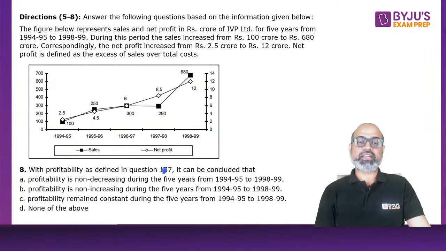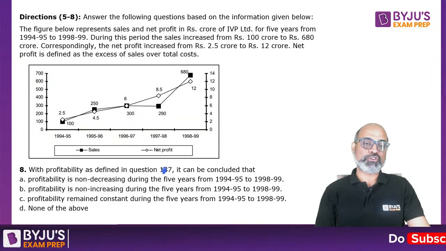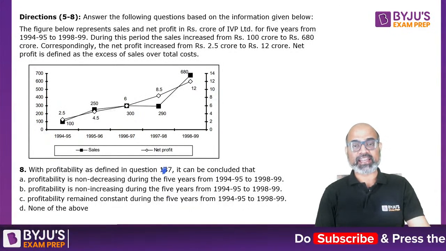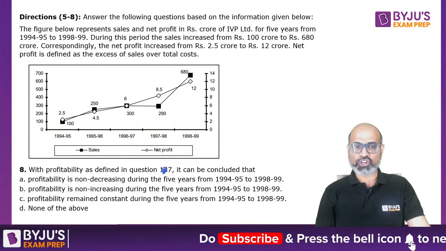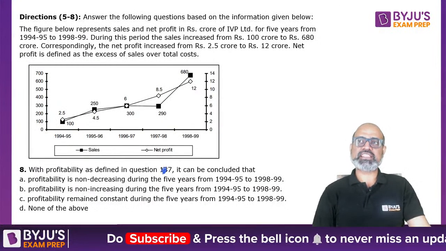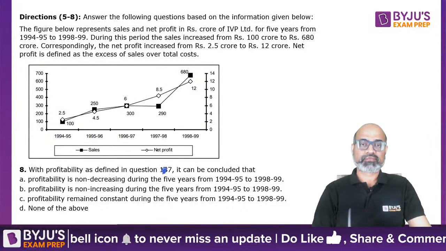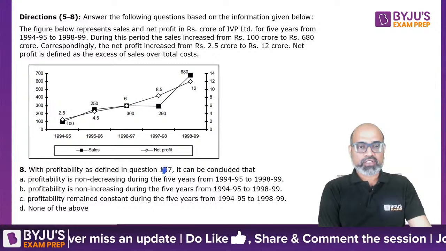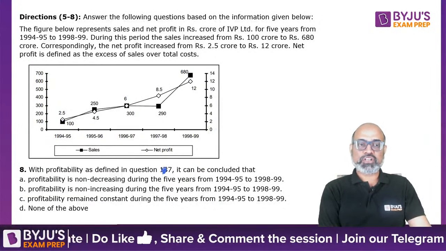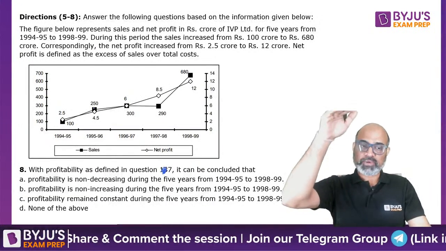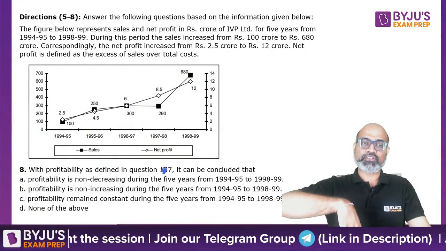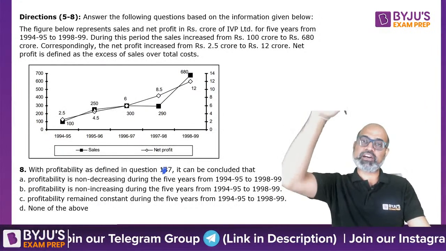Profitability is non-decreasing during the 5 years from 94-95 to 98-99. Is it non-decreasing? Non-decreasing means it's either constant or it's increasing. Of course, no. The numerator was greater than denominator, suddenly numerator becomes less than denominator, then it became equal, then went up, then went down.